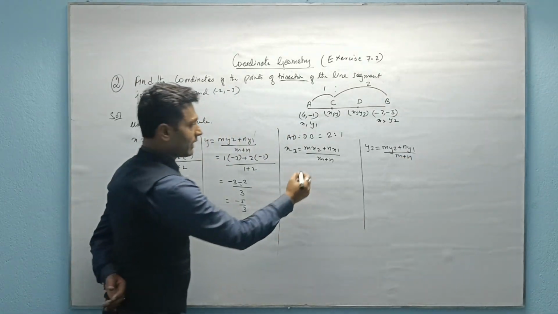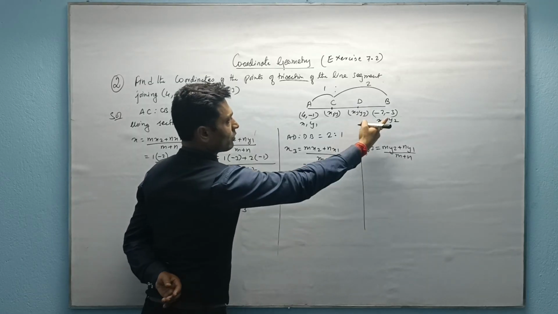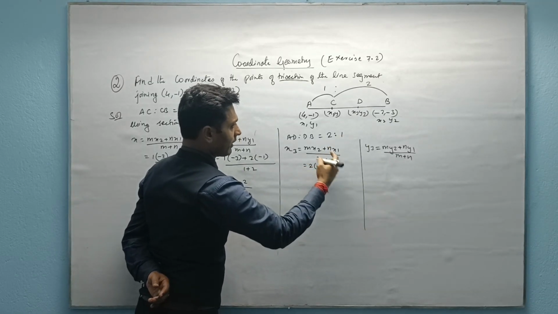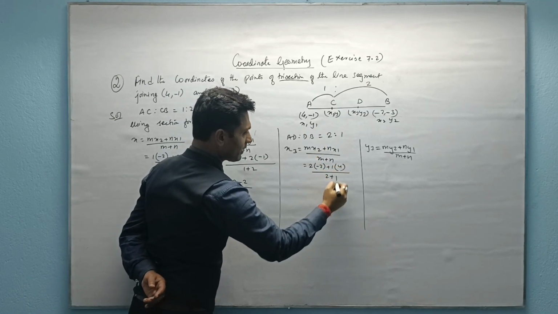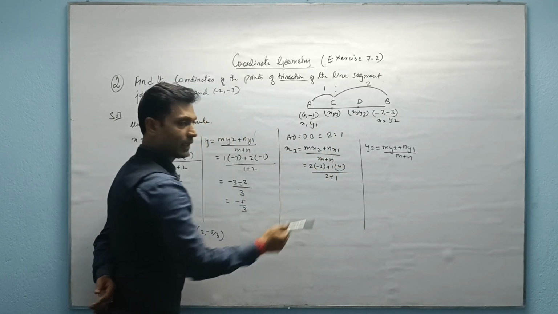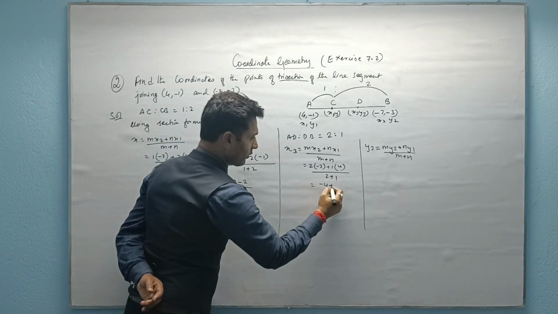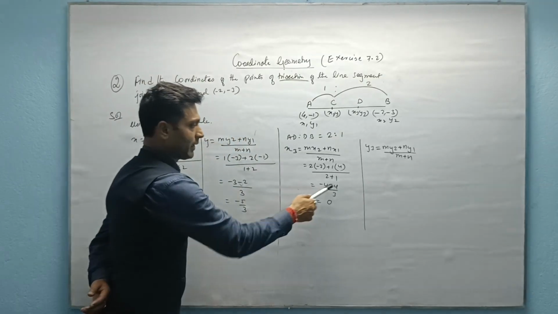So we'll substitute the values. What is m? Here, 2. X2 is minus 2. N is 1. X1 is 4, divided by 2 plus 1, m plus n. So this becomes minus 4 plus 4 by 3, which is simply 0. 4 minus 4 is 0.